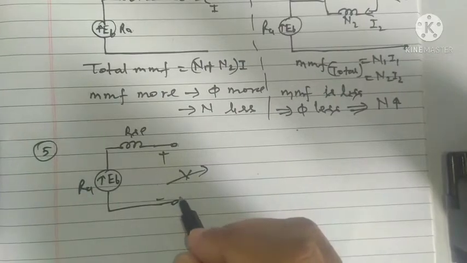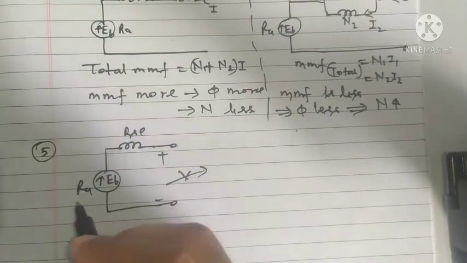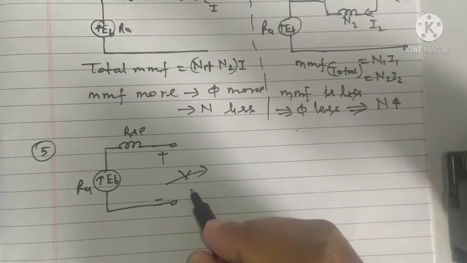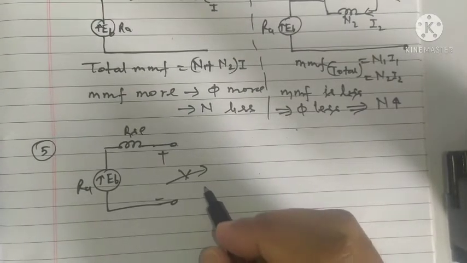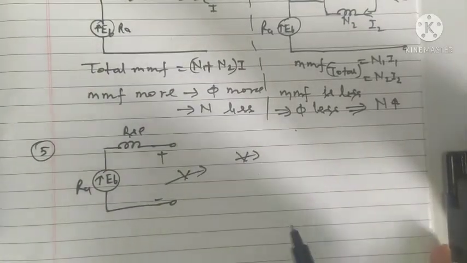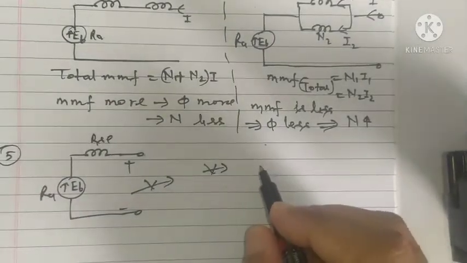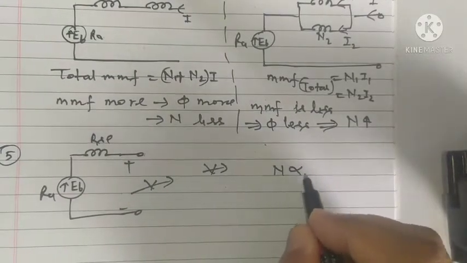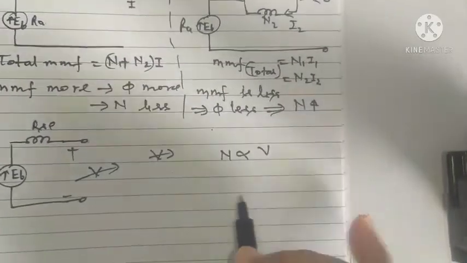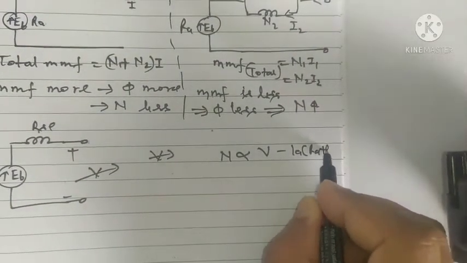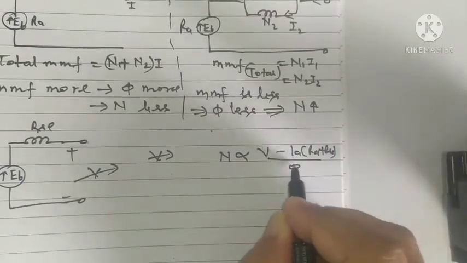It can be varied by using a generator which is supplying the voltage, and the generator voltage is varied by any control. So if variable voltage is applied, as voltage changes, we know there will be variation in speed, because speed is directly proportional to V also. We have written it: V minus IA times RA plus RSC, by phi.